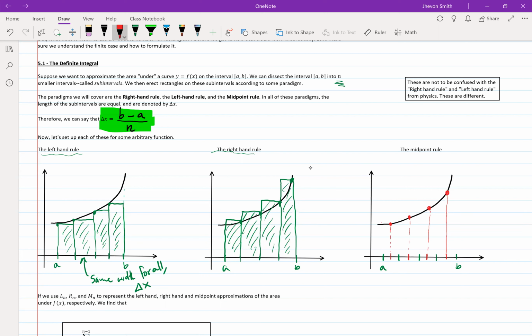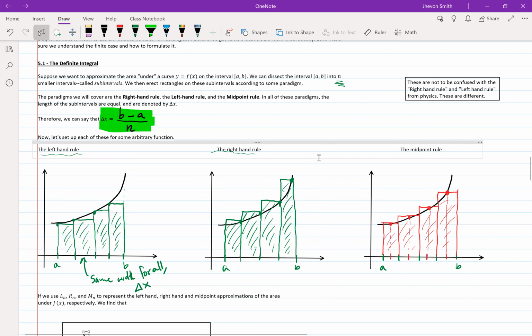And so then it slices straight across. So I use now the midpoint of the subintervals to create it.